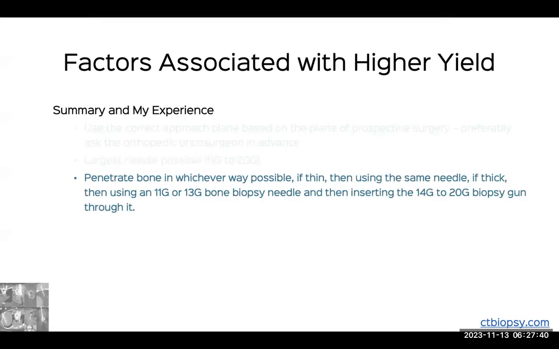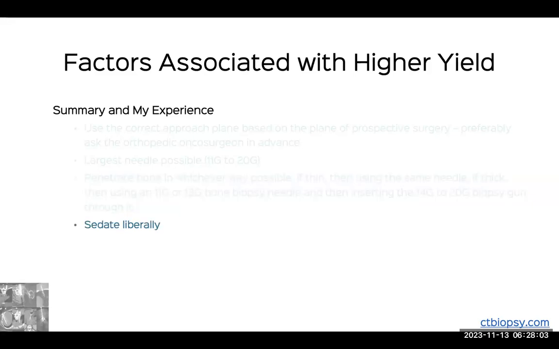Penetrate the bone either using the needle of the gun if it's very thin, in which case you try and use a 16 or a 14, even 18, depending on what is safe. But otherwise, use 11 gauge or a 13 gauge bone biopsy needle. And then once you've penetrated the bone, use the semi-automatic gun through the 11 or the 13 gauge bone biopsy needle.